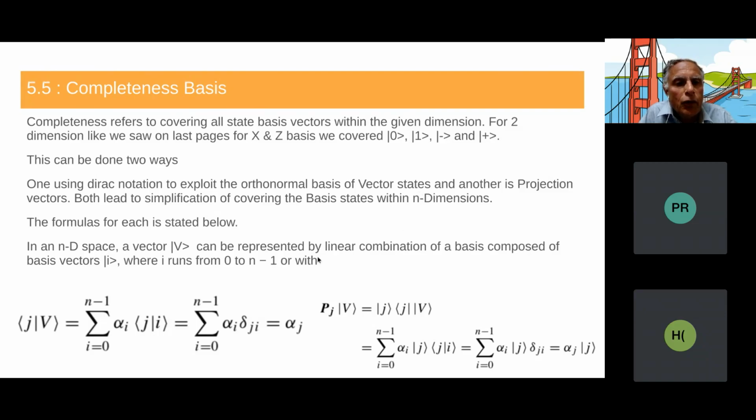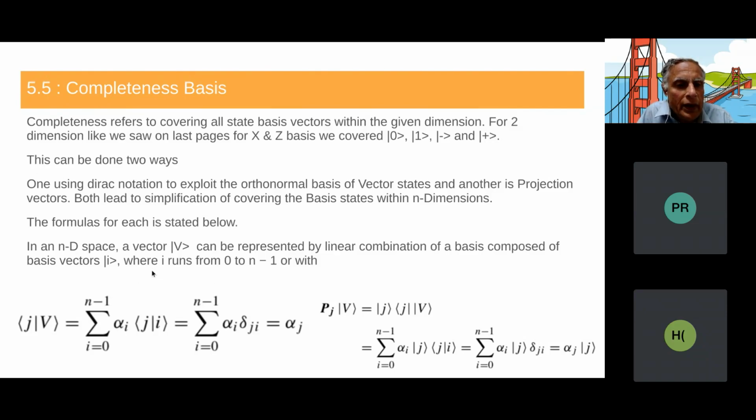For this n dimension space, a vector v can be represented as a linear combination of the basis vectors ket I, where I runs from 0 to n minus 1, that is 0, 1, 2, 3, up to n minus 1.